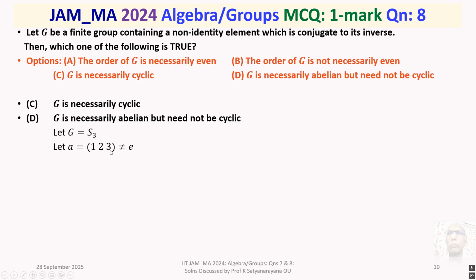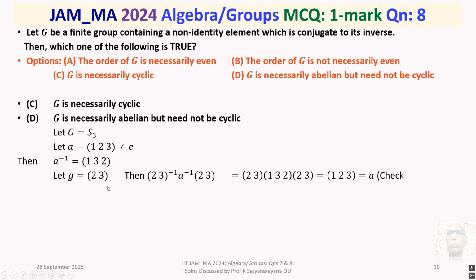A is the cycle of length 3, (1 2 3), which is not the identity. Then what will be A inverse? You can calculate very easily. It is (1 3 2). Let G be the transposition (2 3). Then (2 3) inverse A inverse (2 3), that is (2 3) multiplied by A inverse (1 3 2) and (2 3).